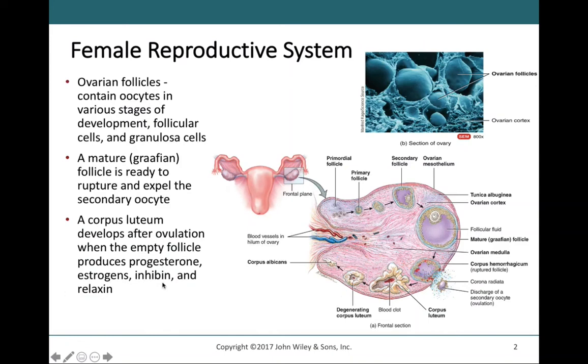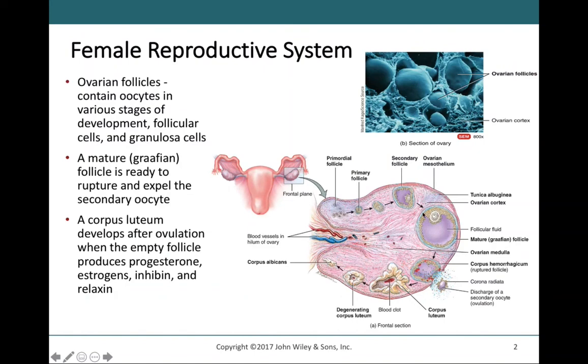And we're going to break down the roles of each of these hormones in just a few slides. In the event that fertilization does not take place, the corpus luteum will eventually degrade, and it will become what's known as the corpus albicans. And in the event this happens, the hormonal release by the corpus luteum ceases, and then during the next cycle, ovarian follicular development will continue on with other egg cells.